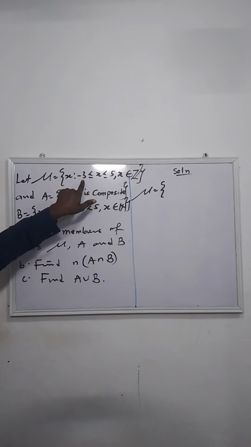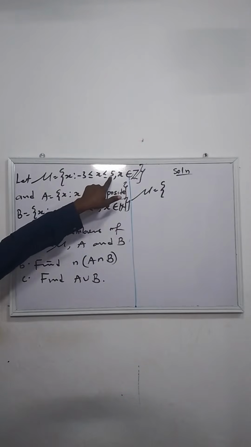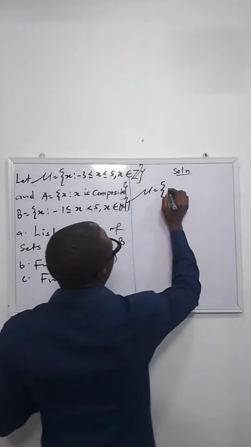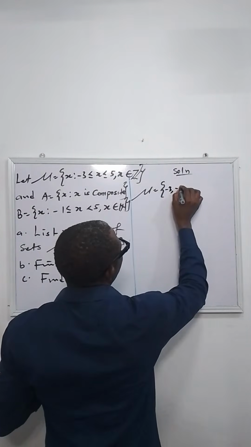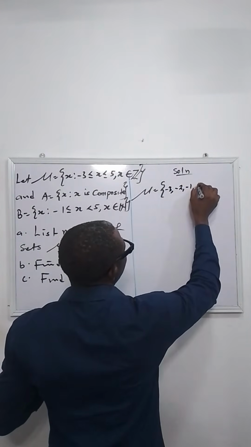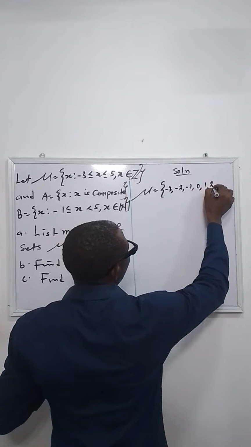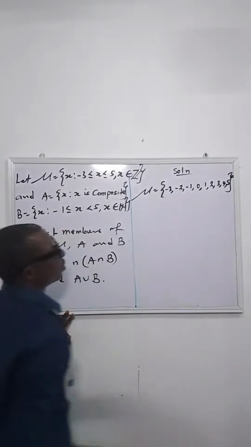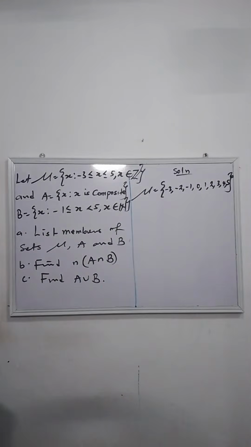You can see negative 3 is inclusive because we have an equality sign there. The same also applies to this 5. So now let's list the members. We have negative 3, negative 2, negative 1, 0, 1, 2, 3, 4, and 5. So that is the universal set.